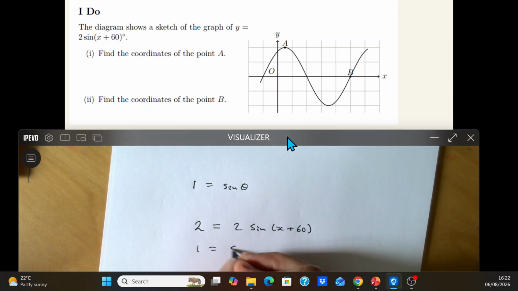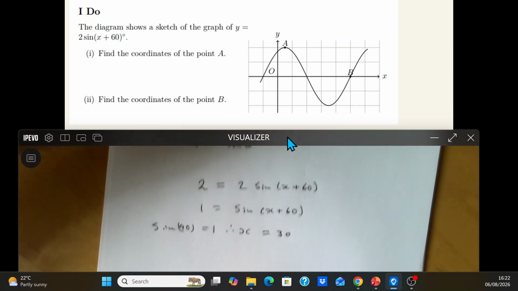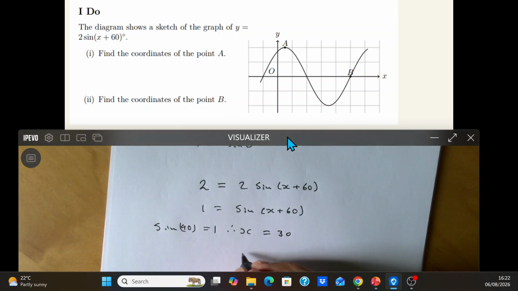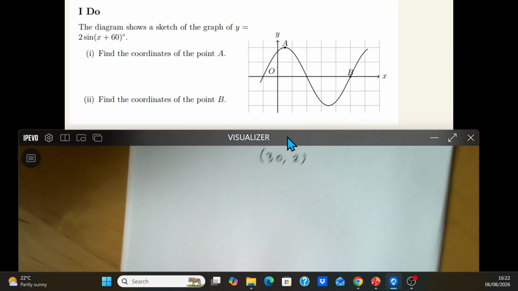So 1 must equal sine (x plus 60). The maximum is at sine 90, which is 1, so x must equal 30. So the coordinates must be (30, 2). Nice and straightforward. It's all about just learning your properties using the sine graph.